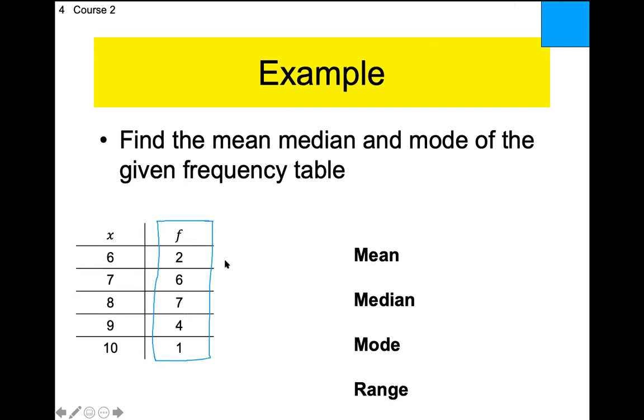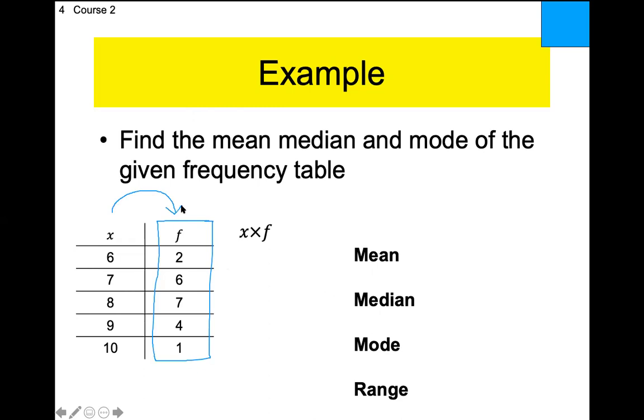How many numbers there are. All right, so to calculate the mean, we're going to have to add 1 extra column. The extra column we're going to add is called X times F. Where am I getting that from? The extra column is literally this column times this column.